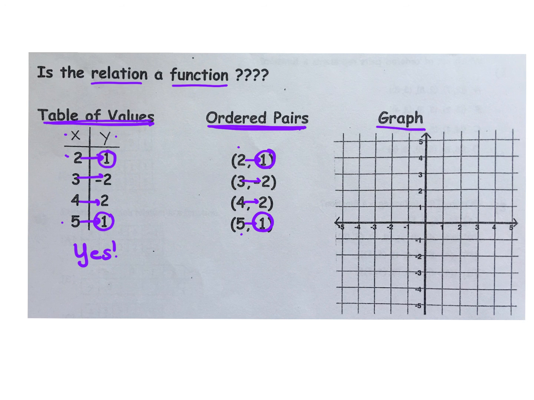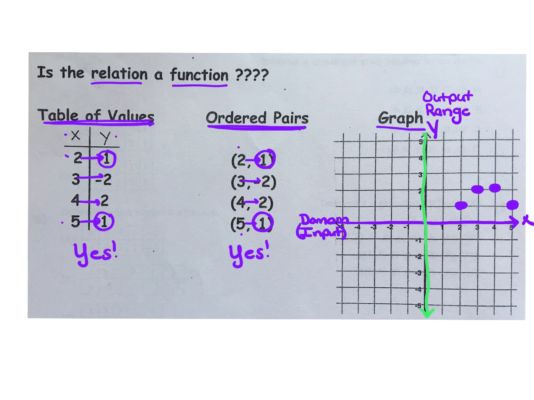Now let's graph each one of these points and see what this function looks like on the graph. On the graph, we see that the x-axis represents all of our domain values or our input values. And the y-axis, well, that represents our range or our output values.